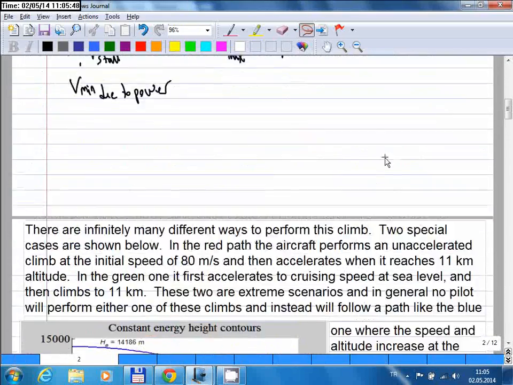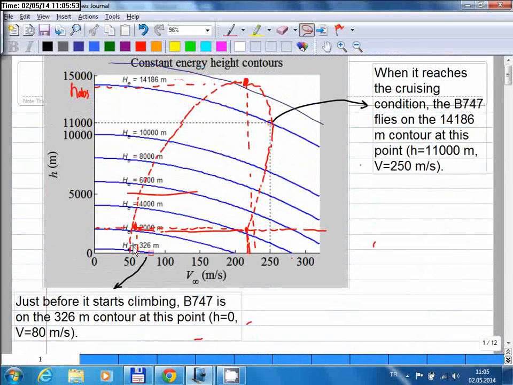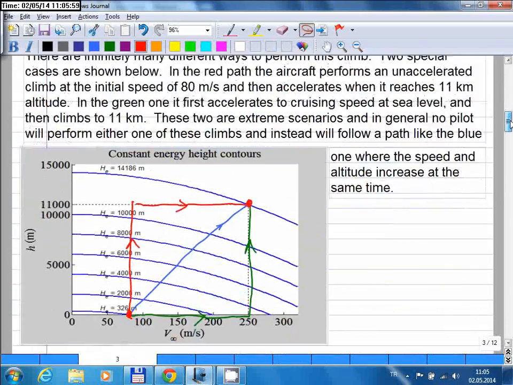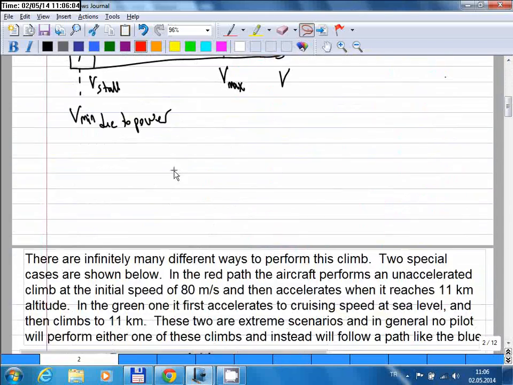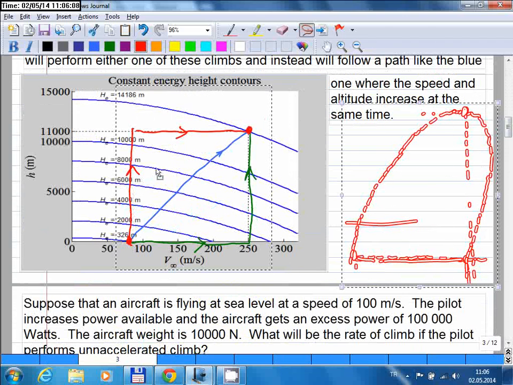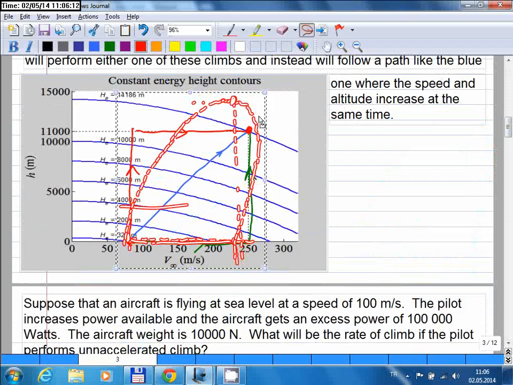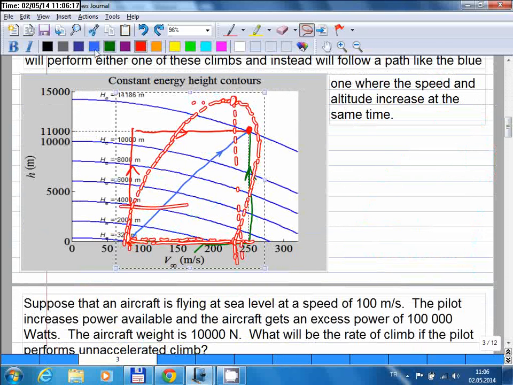By the way, if you do something like this, then you may very well see that these two special climbs are not really possible. So if you copy this and bring it over here, let me change its color.